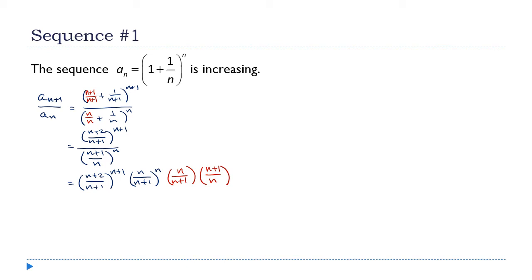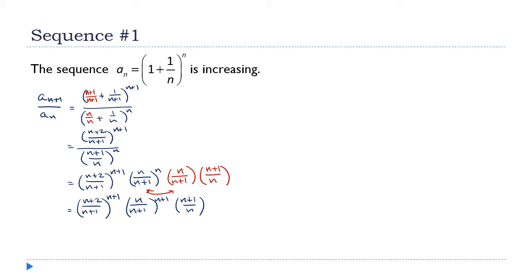Because that whole thing there now is just 1, and I can multiply by 1 all I want. So now let's combine these two together, and this becomes ((n+2)/(n+1))^(n+1) times (n/(n+1))^(n+1), still times (n+1)/n.